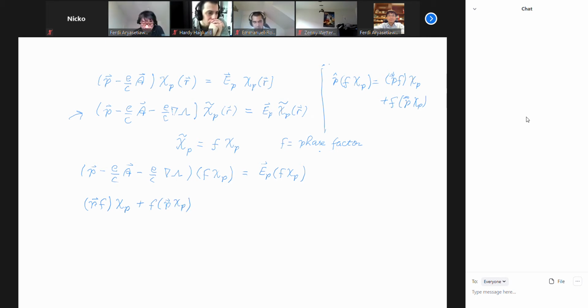And the other terms are just multiplicative, so that's relatively simple. Plus the rest of the whole thing. So that's equal to E chi_p like this.